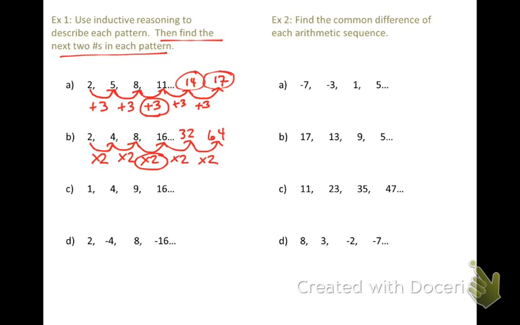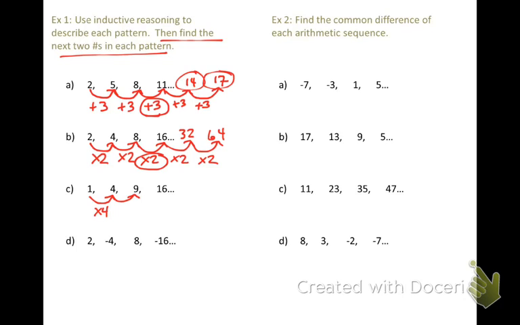Ooh, the next one's going to be different. This one's not going to be a normal one. If I add, it's plus 3. 4 plus 3 is 7. Nope, that doesn't work. Can't add. Let's see. Can I multiply? 1 times 4. 4 times 4 is not 9.